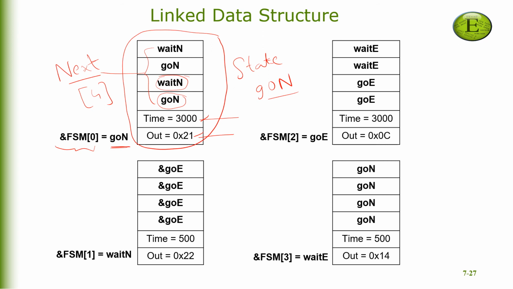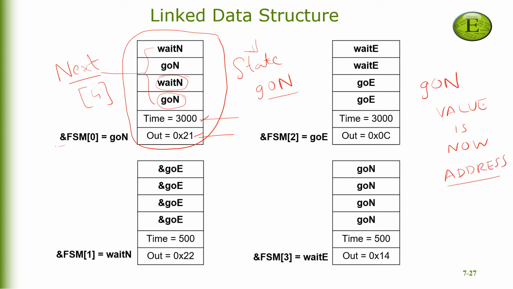In other words, FSM 0 represents the state goN, whose address, when you put this ampersand operator, is recorded in goN. So this goN variable itself is storing an address. So goN value is now an address. This is the important lesson, the takeaway of this slide.